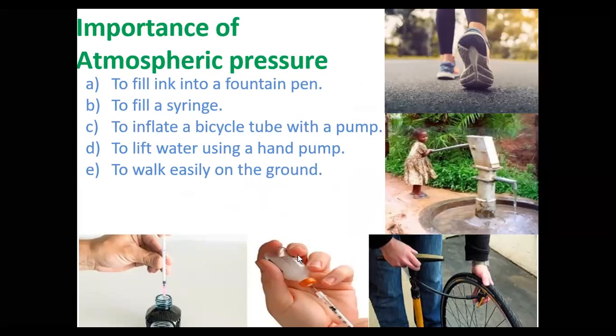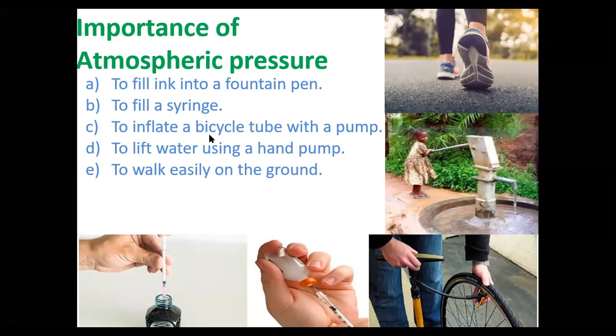Okay, now the importance of atmospheric pressure. Here are some examples. To fill ink into a fountain pen, we can fill ink due to atmospheric pressure. To fill a syringe with medicine, atmospheric pressure is also very important.